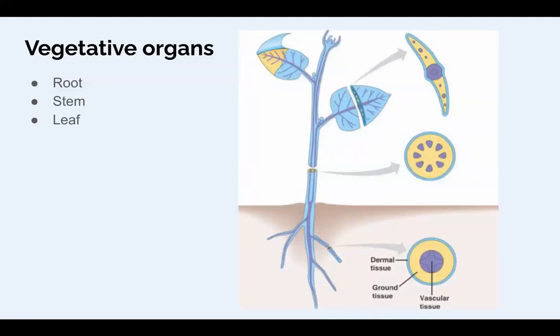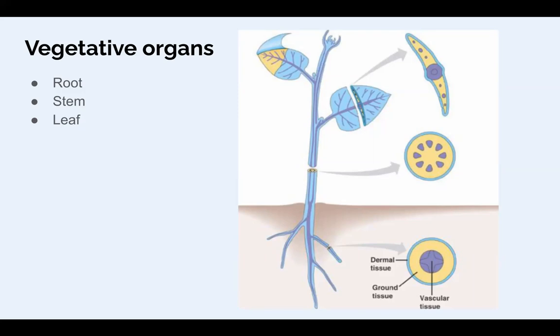Just back to the overall plant overview. We're talking about cells today, but to put them in context, they exist as part of the plant body. We'll get into the structures of plants that are vegetative, as in not involved in sexual reproduction. So this does not involve the flowers or fruits or seeds, just the vegetative parts of the plant that are involved mostly in photosynthesis, growth, gathering water, and so on.